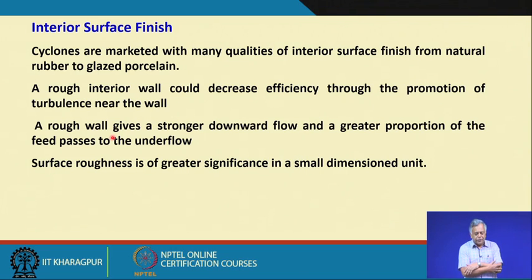Now, interior surface finish, why is it important? Cyclones are marketed with many qualities of interior surface finish, from natural rubber to glazed porcelain. If I know my material is abrasive, then the cyclone life will be very short.